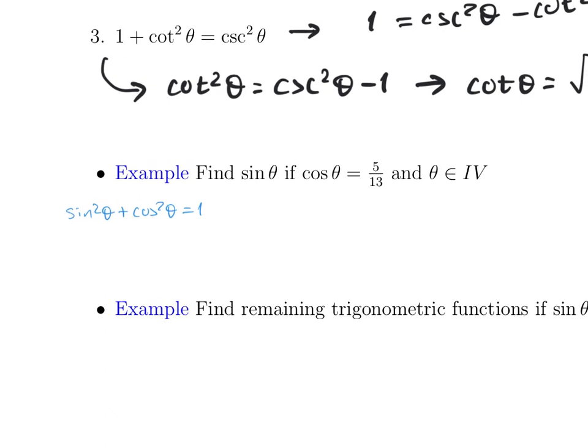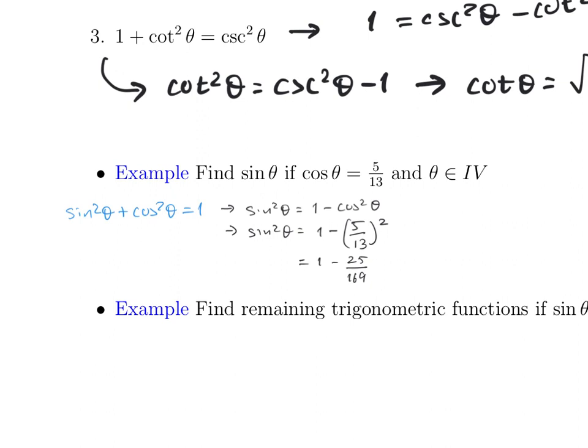And from here, you can just say, okay, well, sine squared theta equals 1 minus cosine squared theta. So therefore, sine squared theta will be 1 minus 5 over 13 squared.